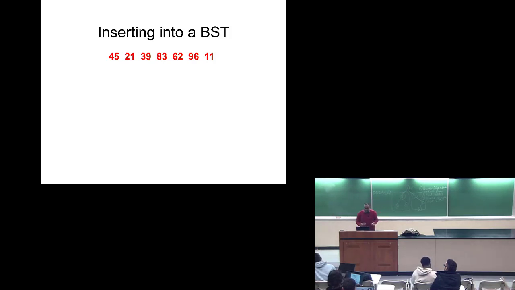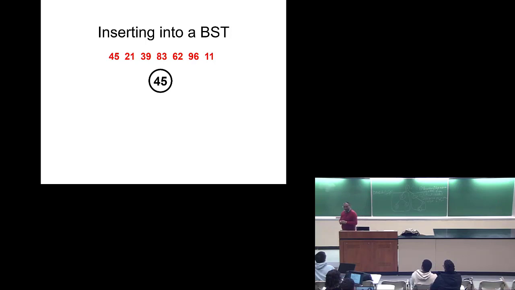Okay, so what we will do now, you will be given some data, and we will create a binary search tree. So here's the data coming. We'll scan the data from the left-hand side, right? So that means the first element or the first node that we need to insert into the binary search tree is which one? 45.